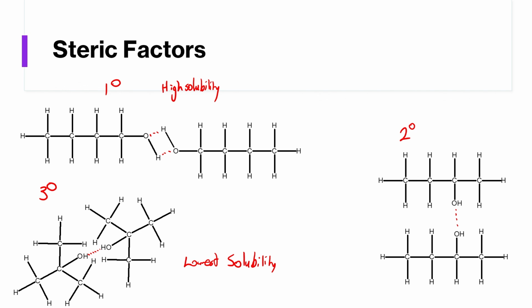I'm hoping that we can appreciate that for the primary alcohol, because it has the most interaction between the hydroxyl groups, it has the highest boiling point, followed by the secondary alcohol, and then the tertiary alcohol has the lowest boiling point because of the limited interaction between the hydrogen bonds.